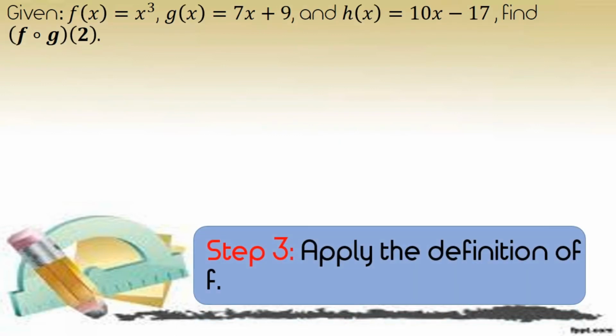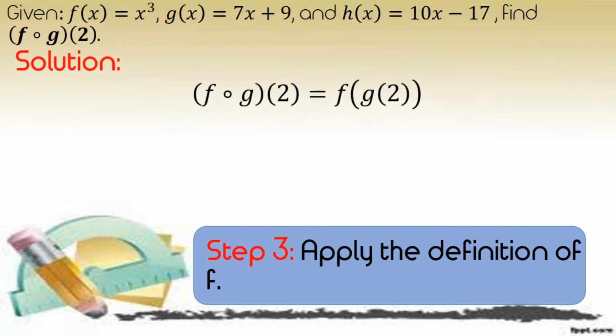For our next step, we have to apply the definition of f. Since we already solved for g of 2, which will be equivalent to 23, we will now be using that 23 as the value of the variable x in the function f, which will be x cubed.